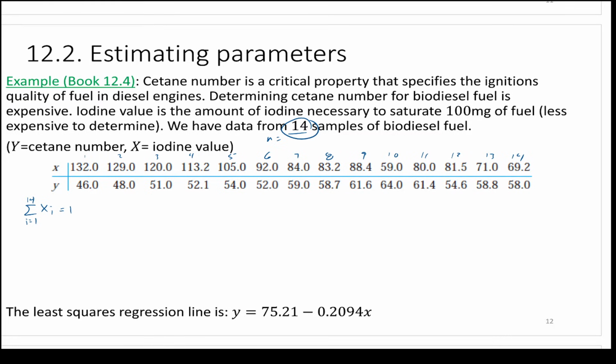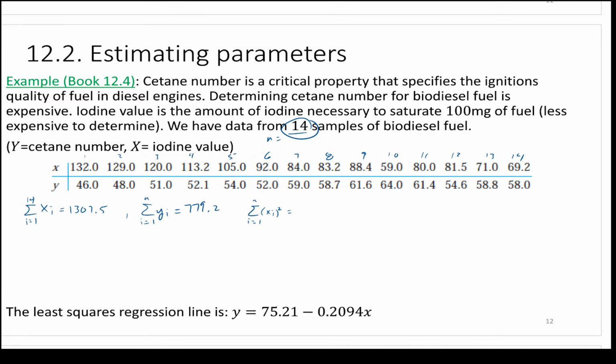And I've done that to get 1307.5. And then sum up all the y values, i equals 1 to n, and we get 779.2. And then sum up i equals 1 to n, all the xi values squared.